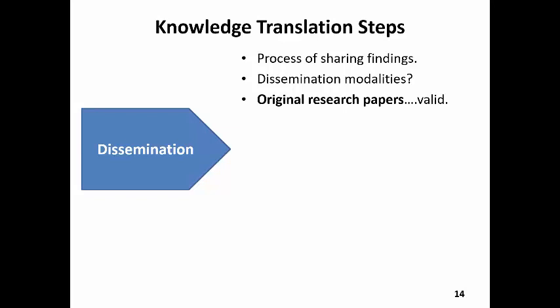The original research papers are the primary original source in which the researchers will convey the outcomes of their experiment. So this is a very valid type of modality in which that new information generated by researchers are conveyed to others.